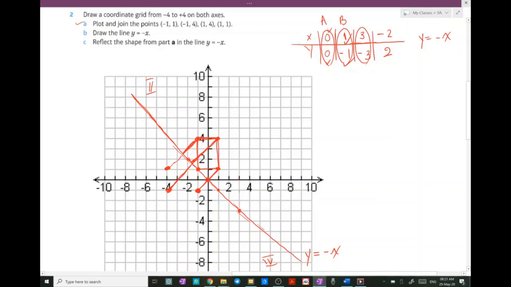Then you join these points together. You will get the shape M, which is the reflection of shape N with respect to line y equals minus x, which is the reflection or the image with respect to the line.